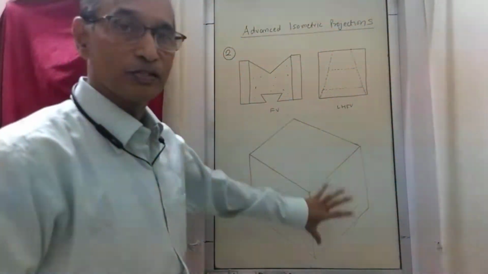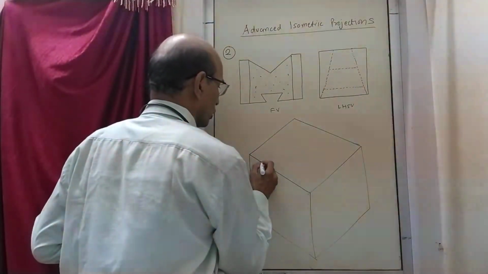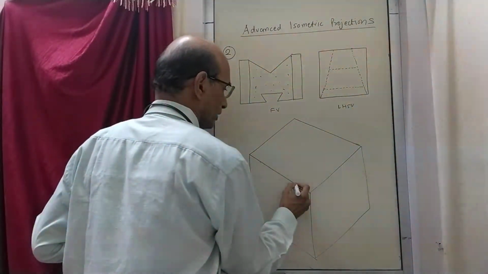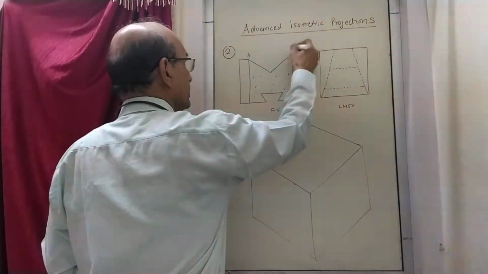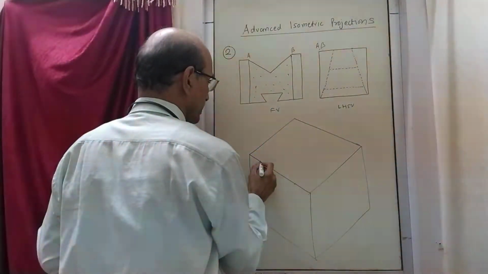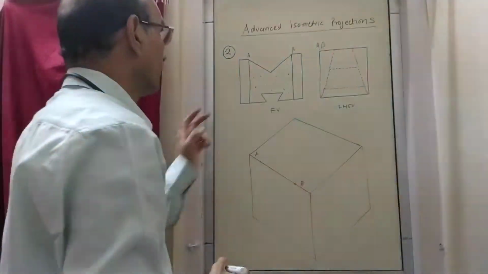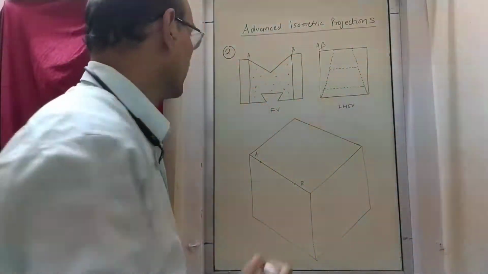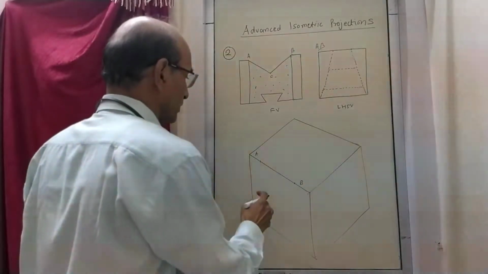Okay, I draw this initial box. Now, first we will draw the way it was drawn earlier, like this. So I am marking, let's say, these points A and B, which are here. Then maybe this as point C, as per the given dimensions.